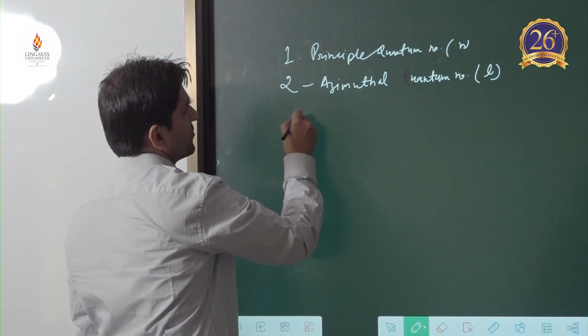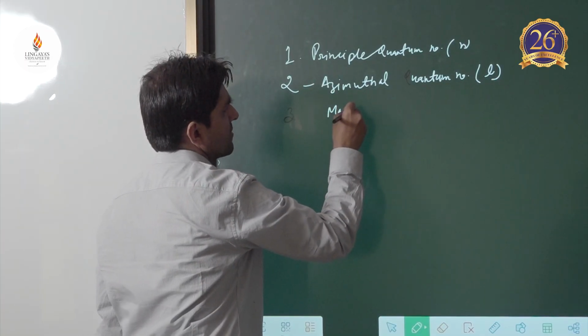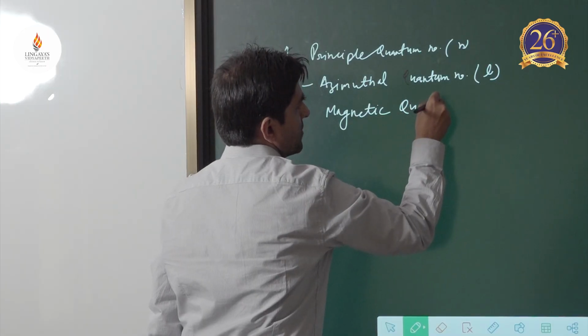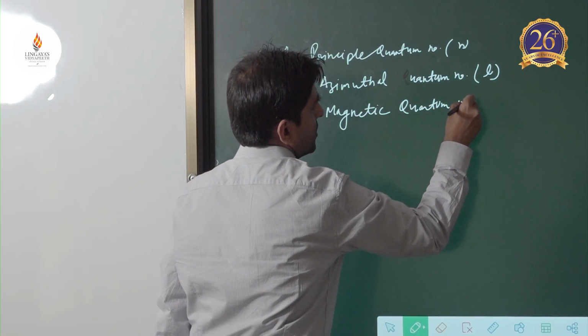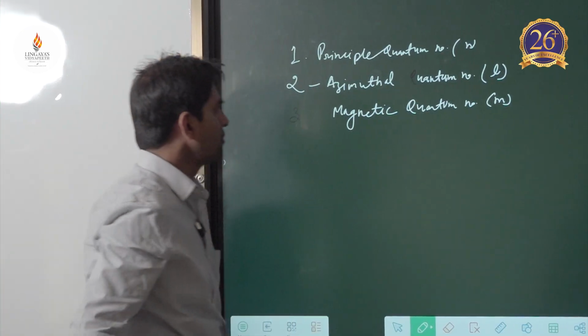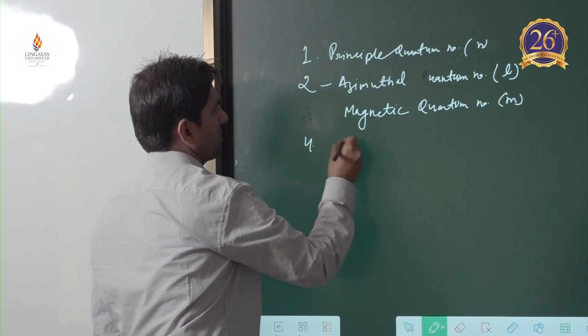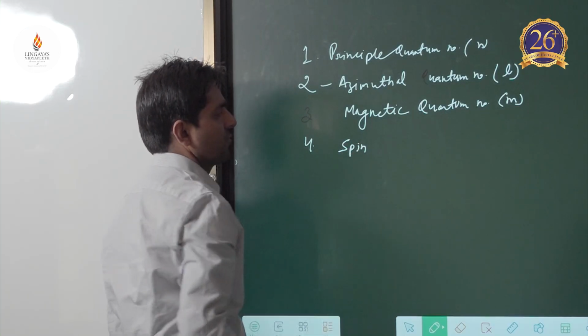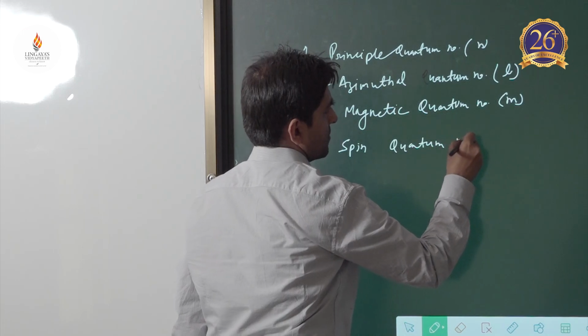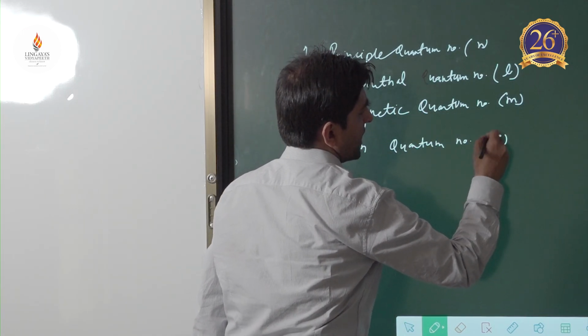Third one is magnetic quantum number, denoted by M. Fourth one is spin quantum number. That is denoted by S.